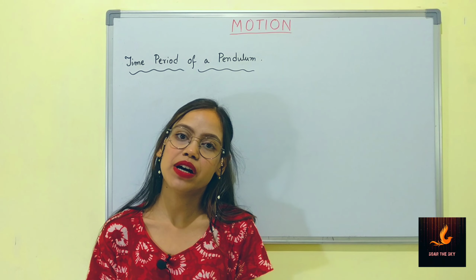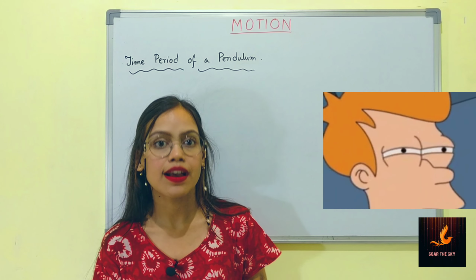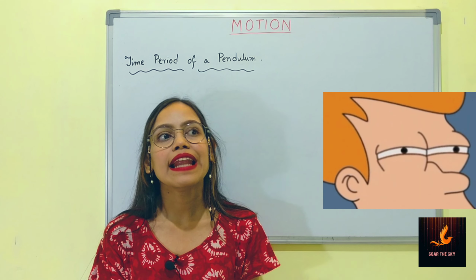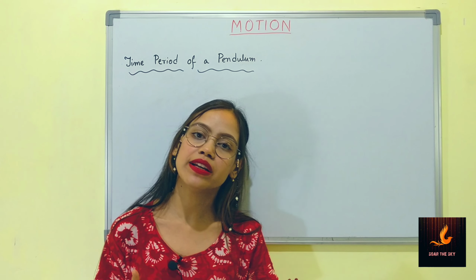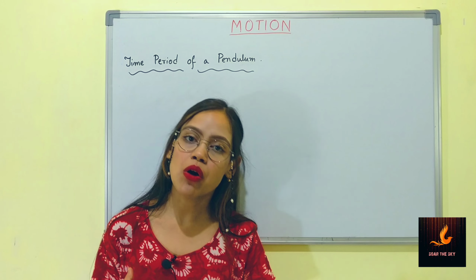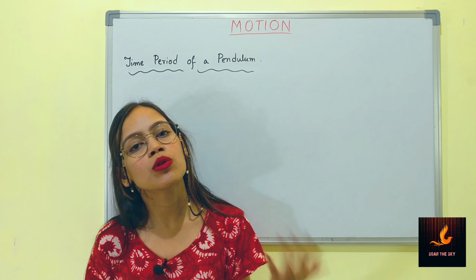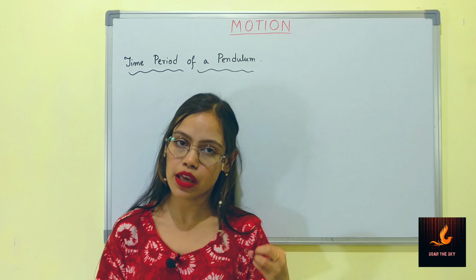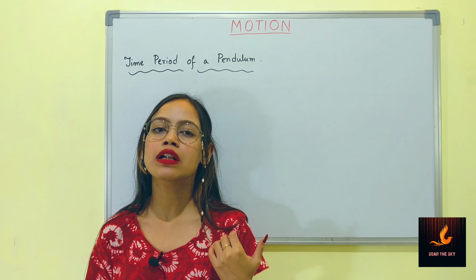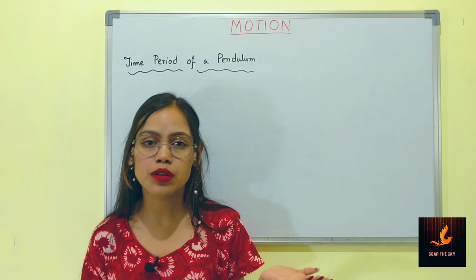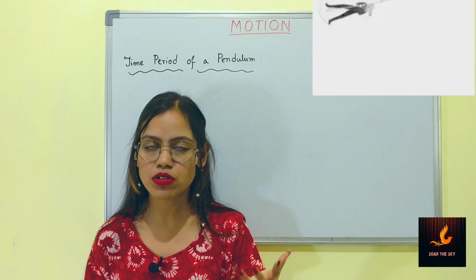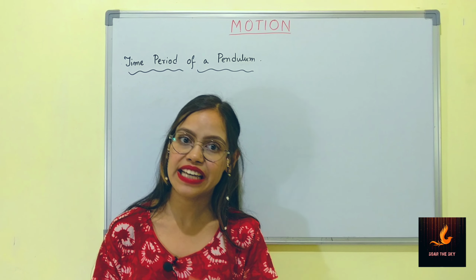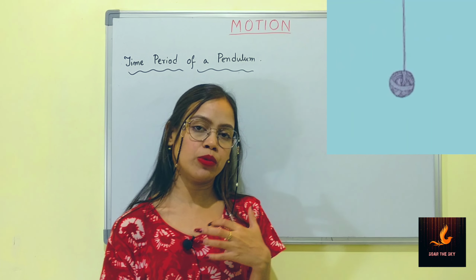Now let's talk about a very interesting thing. Now in day-to-day life, we always come across different processes and phenomena, which involve not one but more than one type of motion in them. Say for example, as we were just talking about the pendulum itself, the motion of the pendulum itself contains 2 or 3 types of motion.